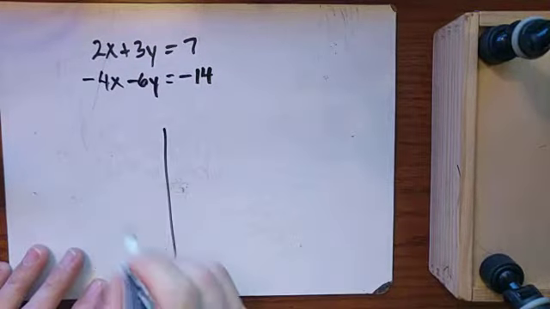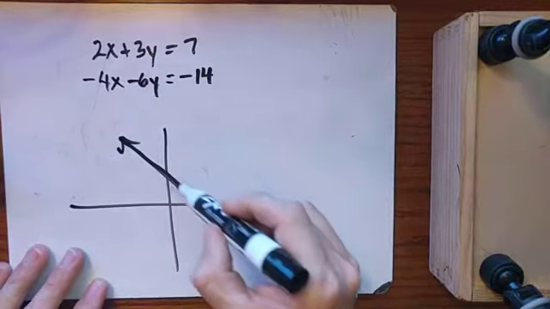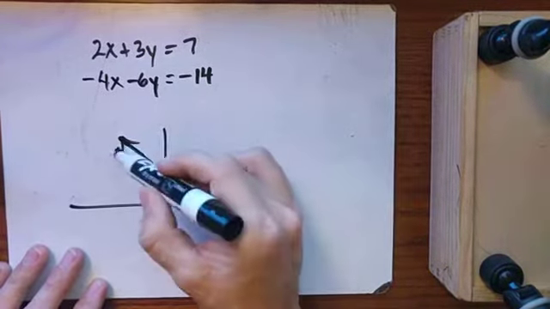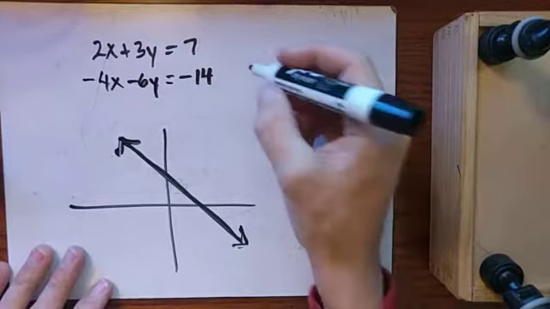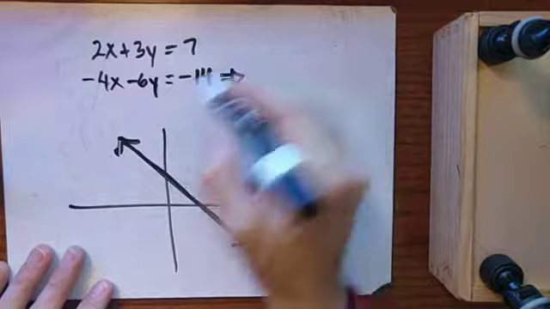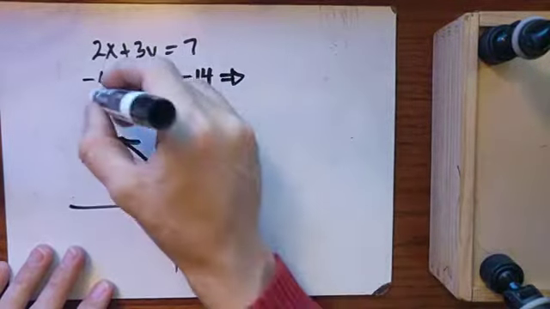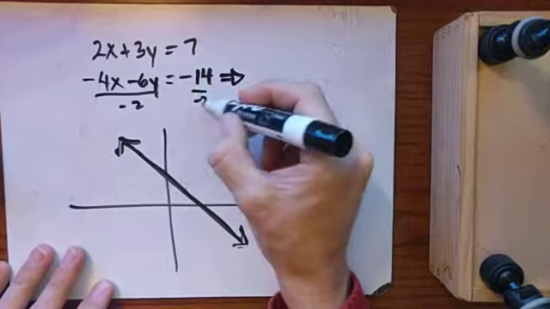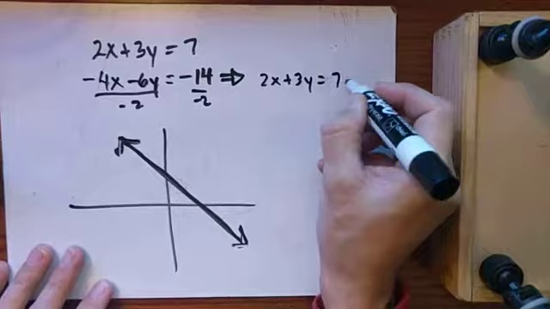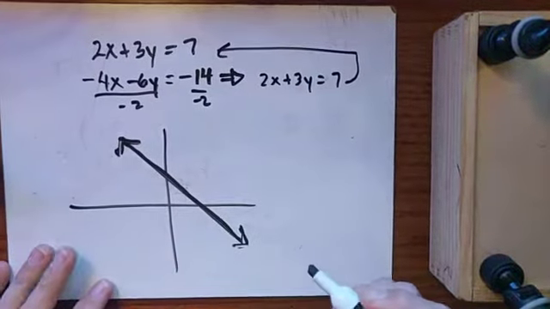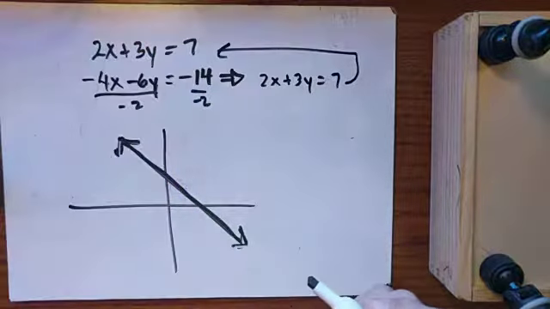If you graphed both equations, this would be the first line, and this would be the second line. They're exactly the same line. And you can verify this by dividing all these numbers in the second equation by negative 2. So if you divide both sides by negative 2, sure enough, you get 2x plus 3y equals 7, which is the same thing as the first equation. So again, it's a duplicate copy of the first equation all over again.